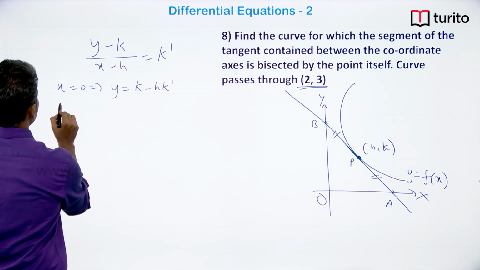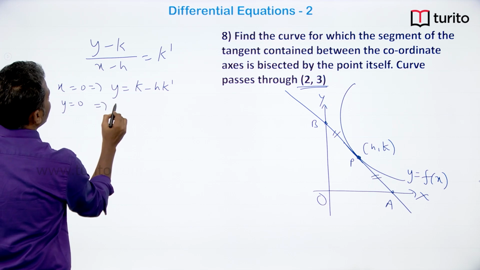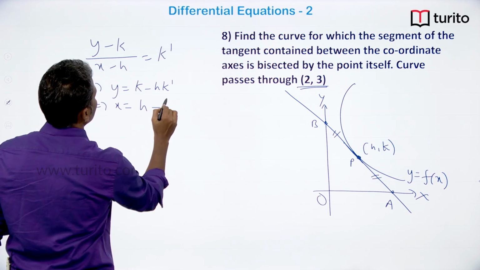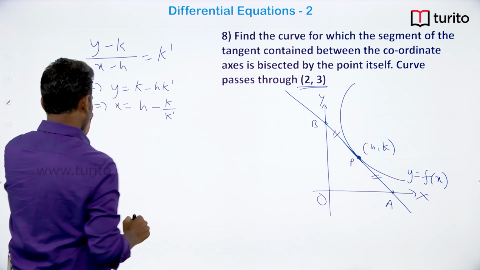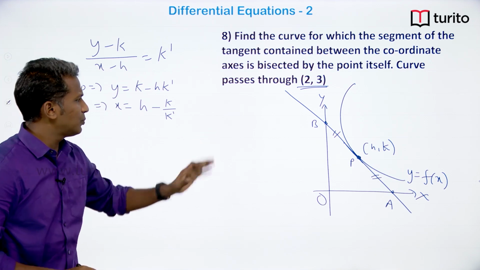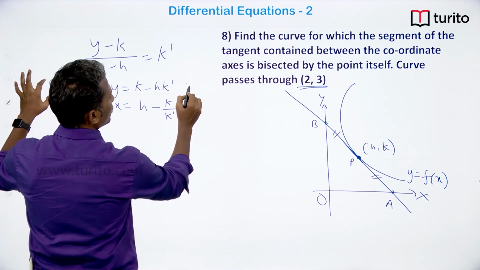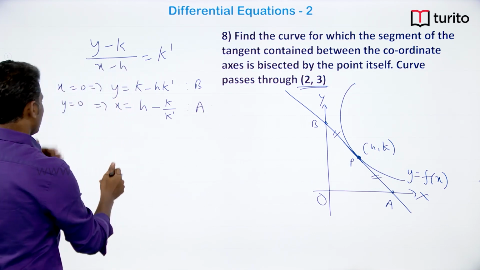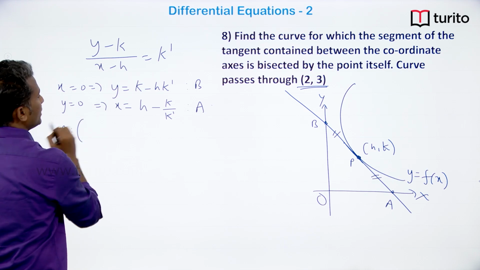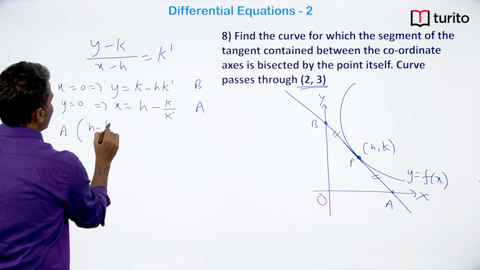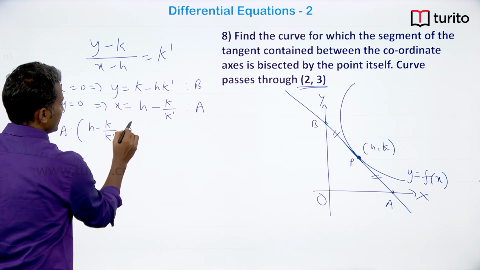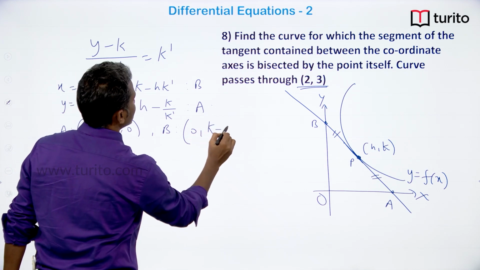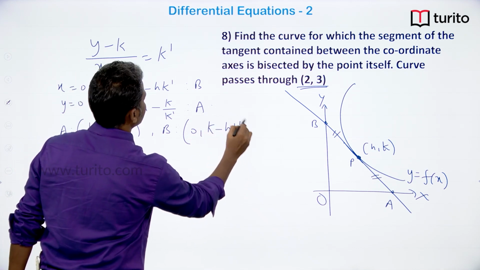If I put y equal to 0, I will get x equal to h minus k/k dash. So, we got basically both points A and B. This is corresponding to the point B, this is corresponding to point A. So, we can also write the coordinates here. Point A is going to be (h minus k/k dash, 0), and point B is going to be (0, k minus h k dash).